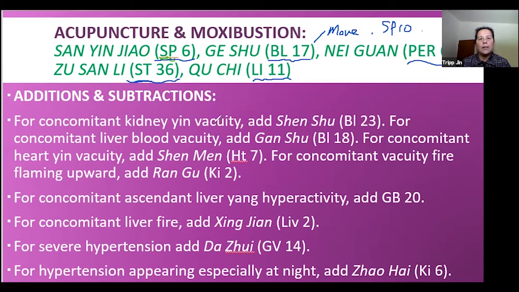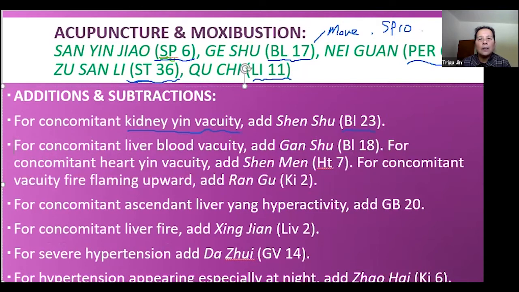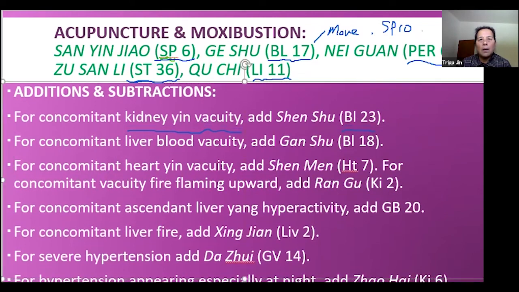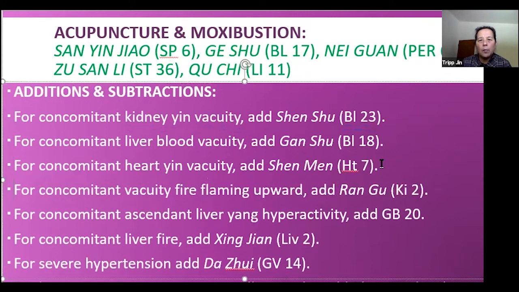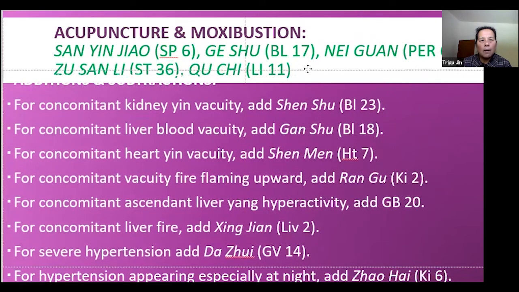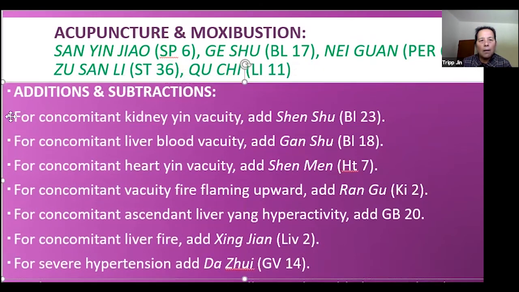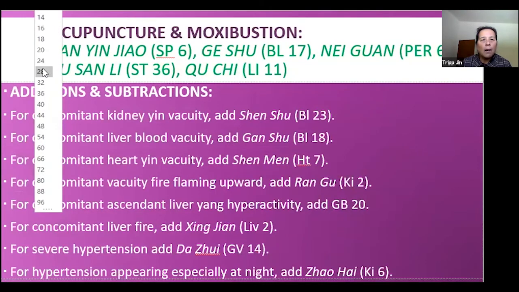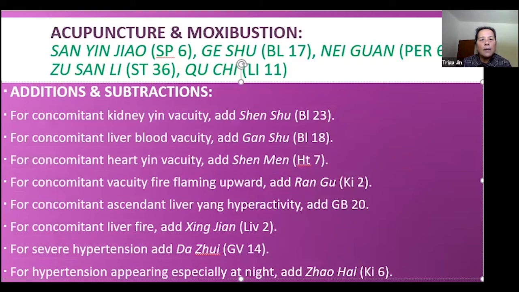To see the patient's conditions: if the patient has more kidney deficiency, or generally kidney deficiency, we can go to the back shu point of the kidney. So that's generally the kidney 25 points. Then if liver blood deficiency, we go to the back shu point of the liver.